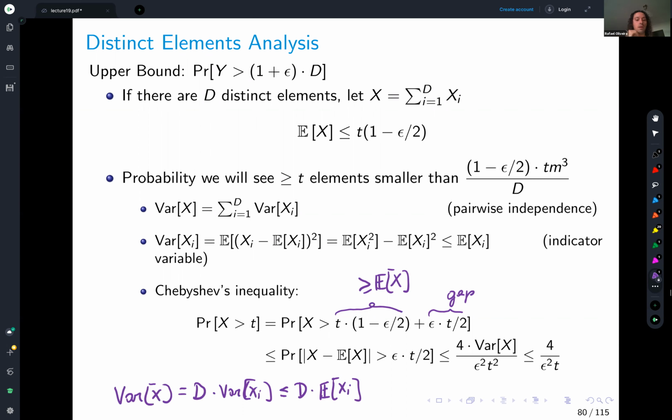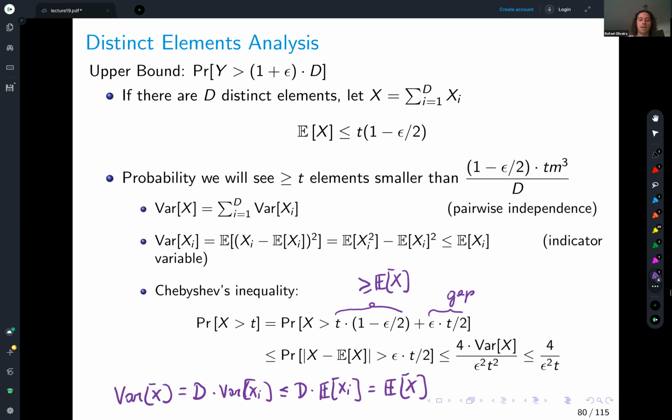Correct? And now, what is the expected value of xi? If you remember, d times the expected value of xi is exactly the expected value of x, by linearity of expectation.